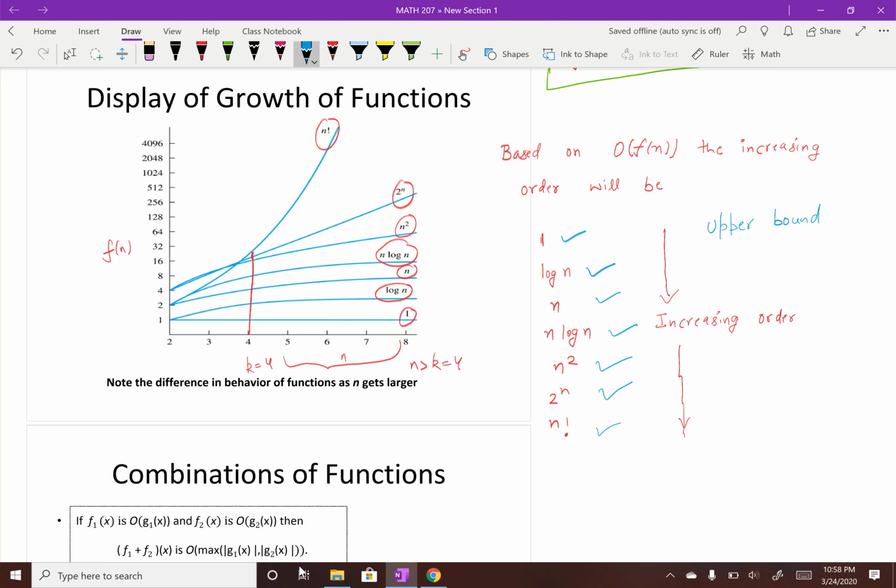So you can say that if n becomes large, then n factorial is the function which is going to grow faster than any other given function.